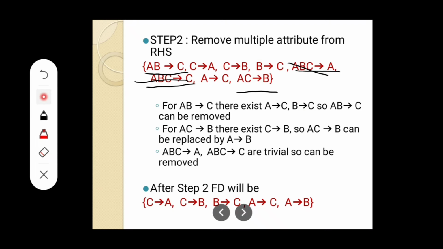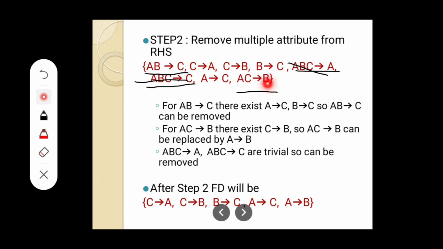Yes, B determines C is there. Okay, so we can eliminate this from here. So this can be removed. Okay, because both of its implications are here. AB is determining C. That means that individual attributes must determine C. AB determines C means A must determine C and B also must determine C. Okay, both cases are here. So this AB determines C can be removed.